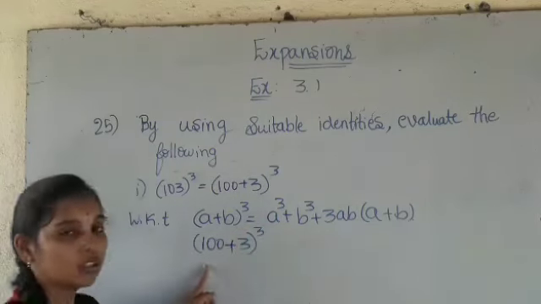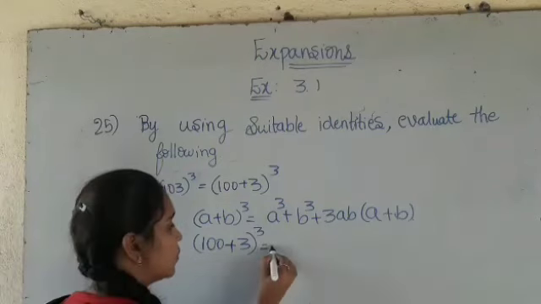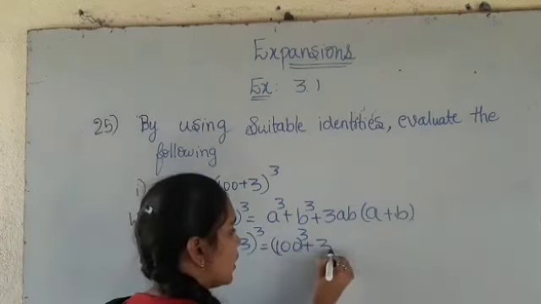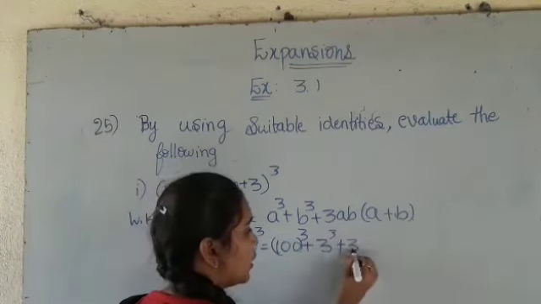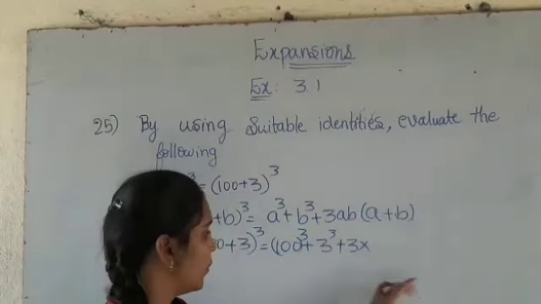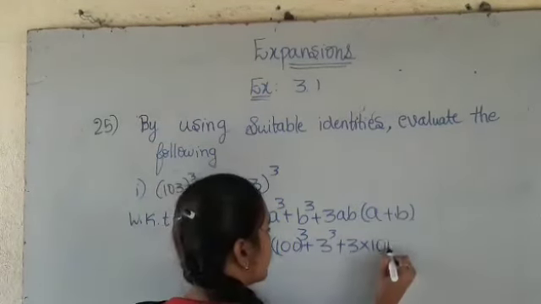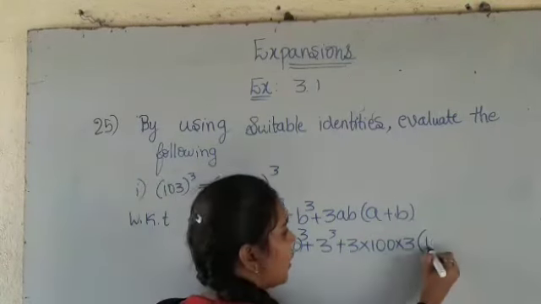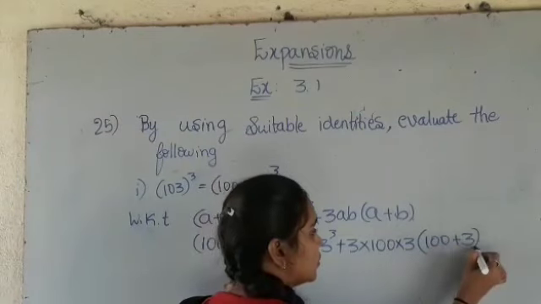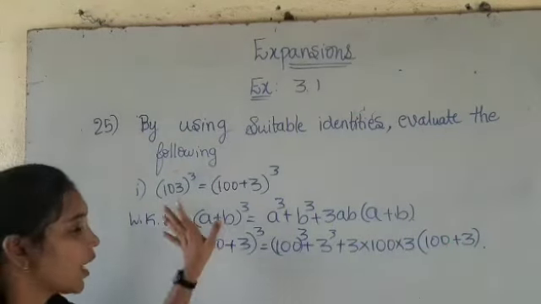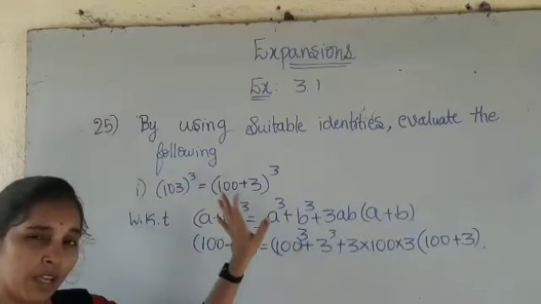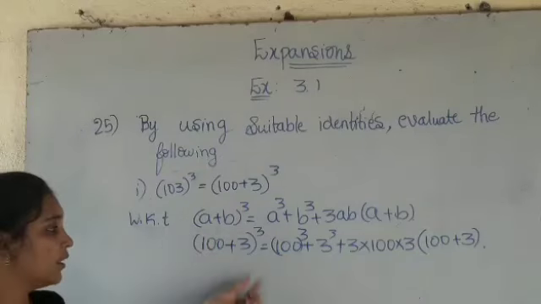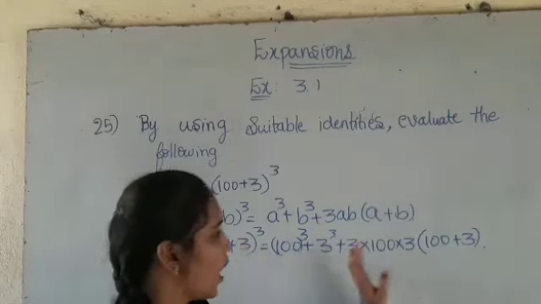So 100 plus 3 whole cube is equal to 100 cube plus 3 cube plus 3 into a into b, that is 3 into 100 into 3, into the bracket 100 plus 3. Observe carefully, here I am using a plus b whole cube. Just substitute the value of a as 100 and the value of b as 3. Thus we have this.